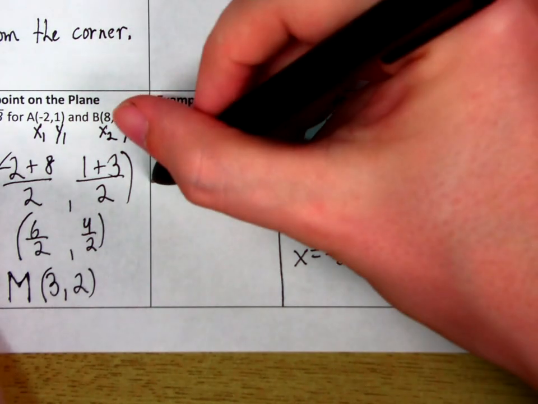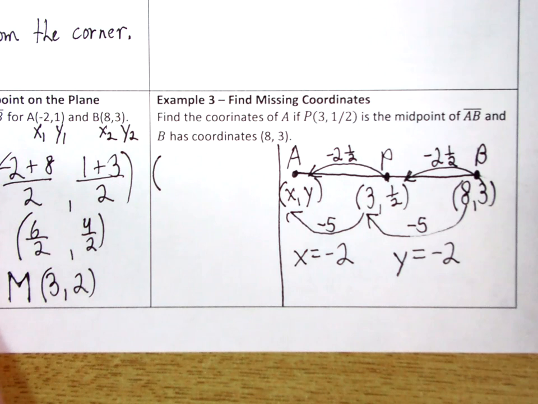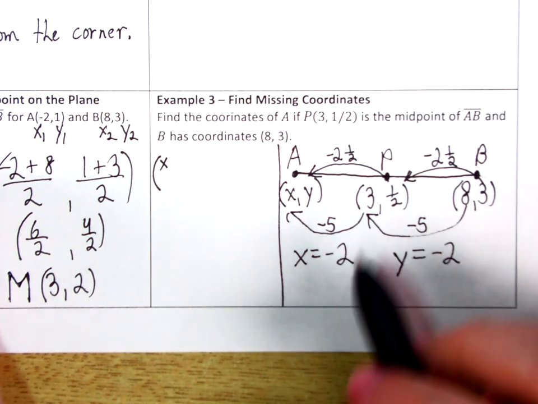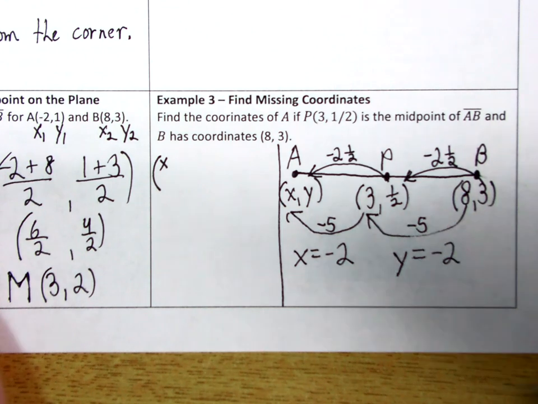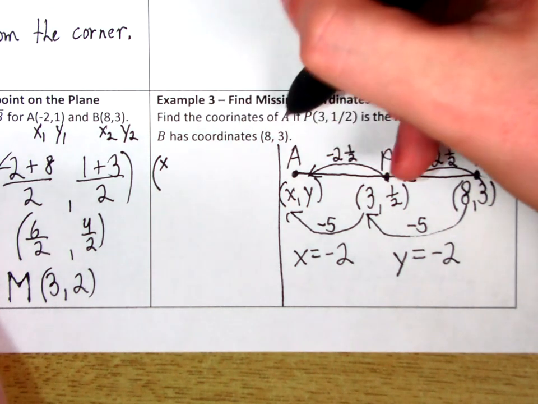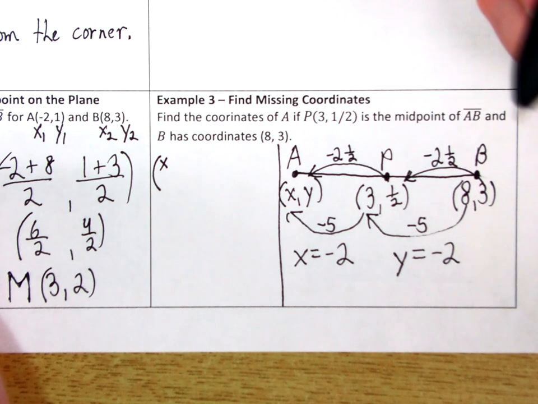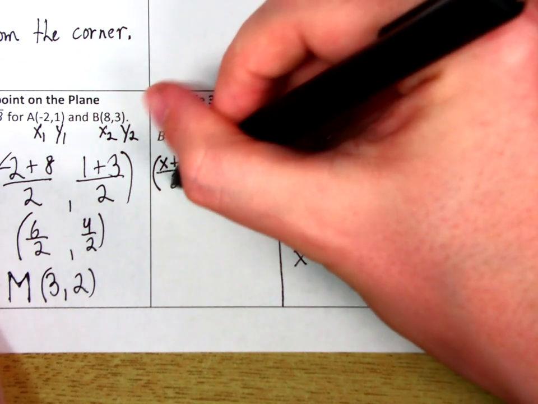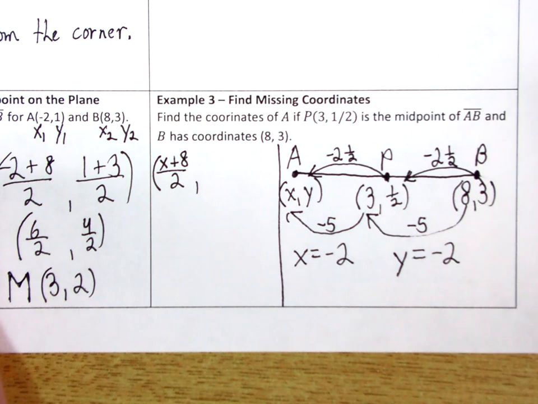If we write our coordinates, plugging in what we know, we don't know what A is, so we'd say we've got (x, y). We're going to write our problem using the midpoint formula. We're going to average A, which we don't know, and B: x plus 8 over 2. We're going to average our y's.